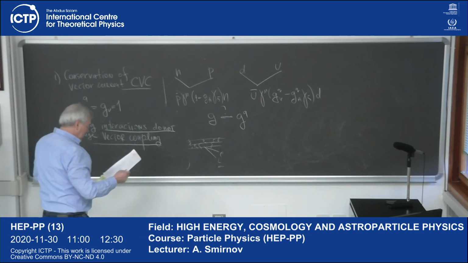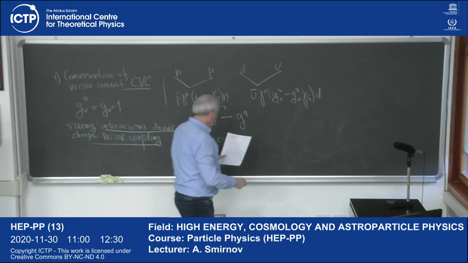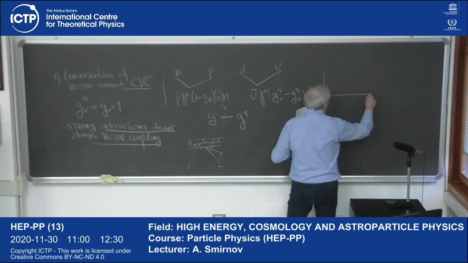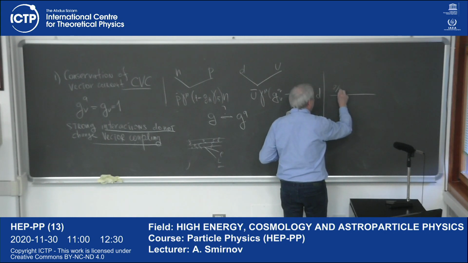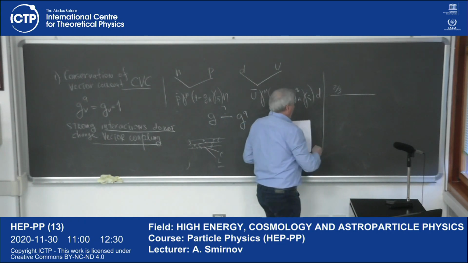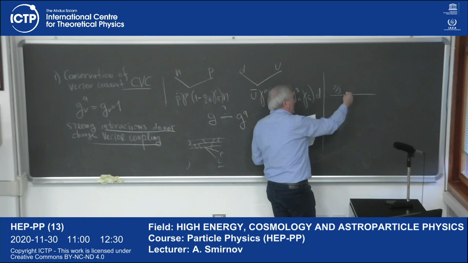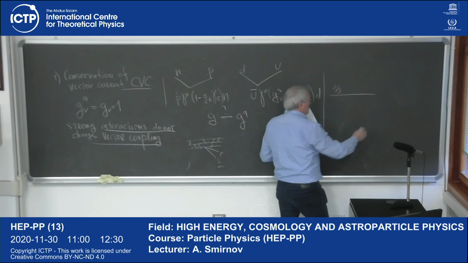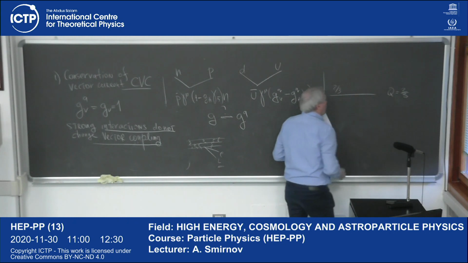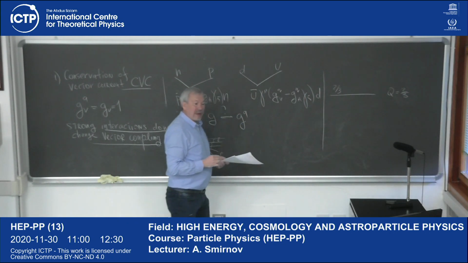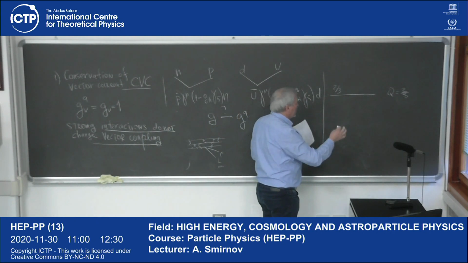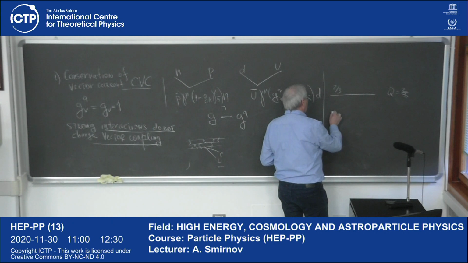There is some analogy with electromagnetic interaction. So, suppose you have a quark with a charge 2/3. And you perform a measurement and you get that the charge is 2/3. Let us switch on the strong interactions.